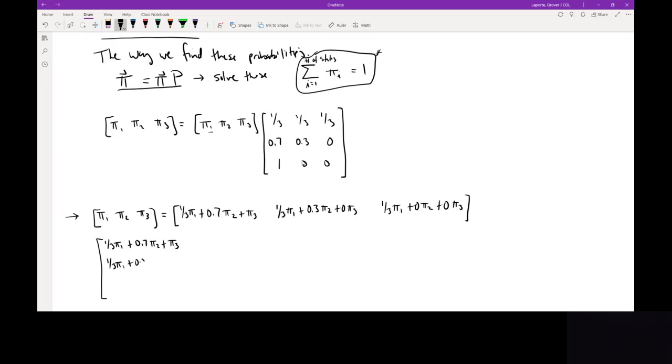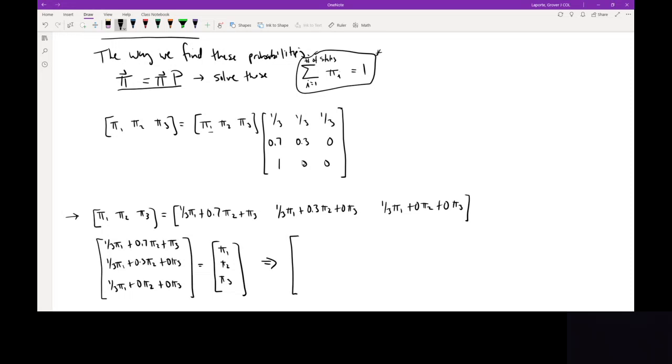So 1/3 pi 1 plus 0.7 pi 2 plus pi 3, and then 1/3 pi 1 plus 0.3 pi 2 plus 0 pi 3. I should have changed this to a matrix too, but maybe this will be helpful. We took the transpose of both sides, pi 1, pi 2, pi 3, and then I'm going to subtract this to the other side.